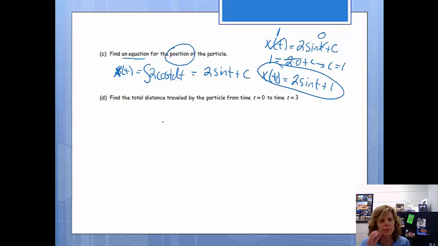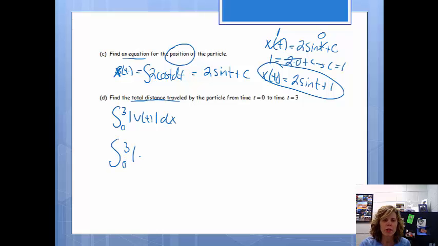All right, and then part D: find the total distance traveled by the particle from t equals 0 to t equals 3. So total distance is the integral from 0 to 3 of the absolute value of the velocity. We know the velocity formula, that's going to be 2 cosine t.